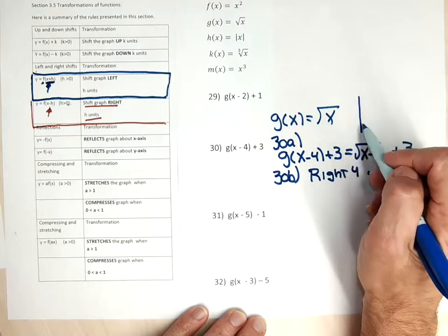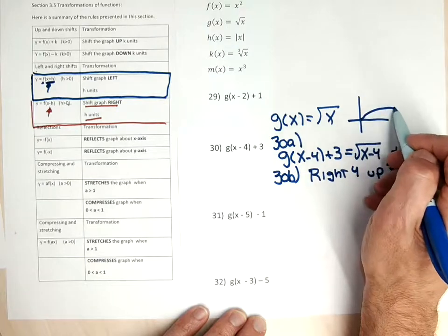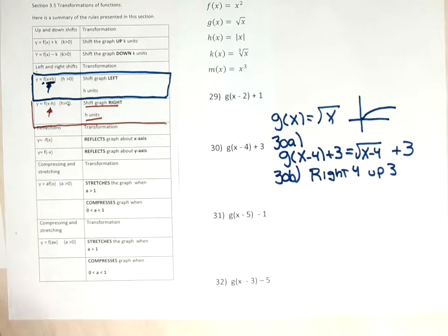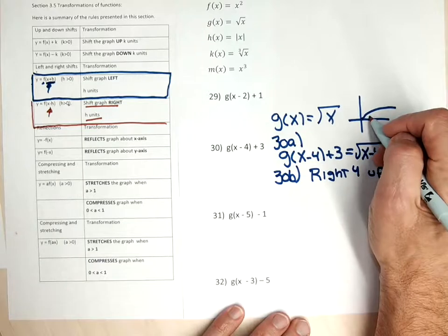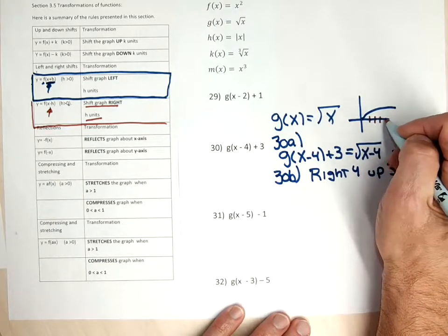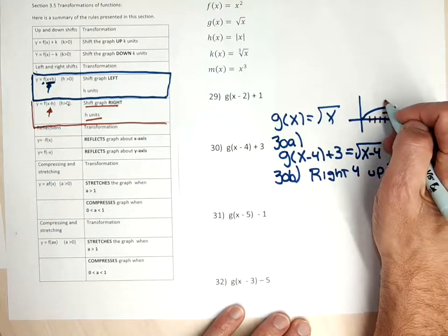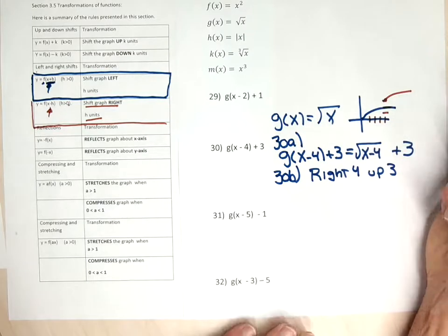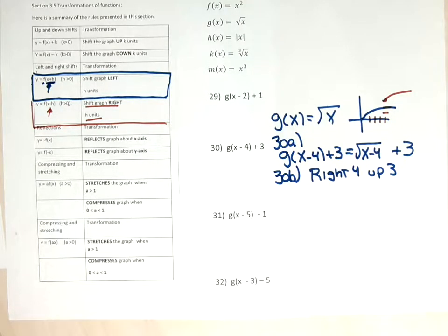If I did this on my calculator, the square root of x looks something like that. And on my calculator, if I was about to graph it, it would take the graph and move it 1, 2, 3, 4 to the right, and 1, 2, 3 up. It's going to look something like that. Let me just show you that's how that's going to work.